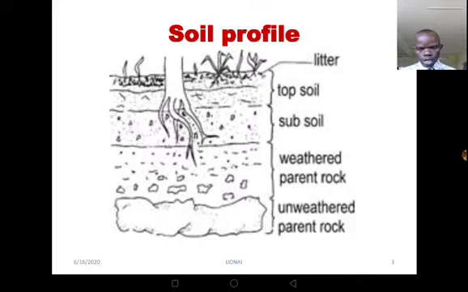Now when you look at that diagram critically, you realize that the weathered parent rock, the rock has been broken into relatively small particles. Then the unweathered parent rock, we see that we have unbroken down rock.